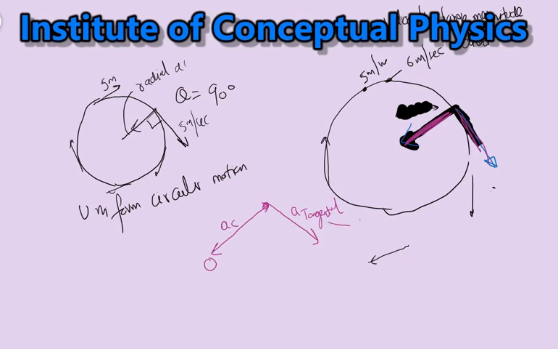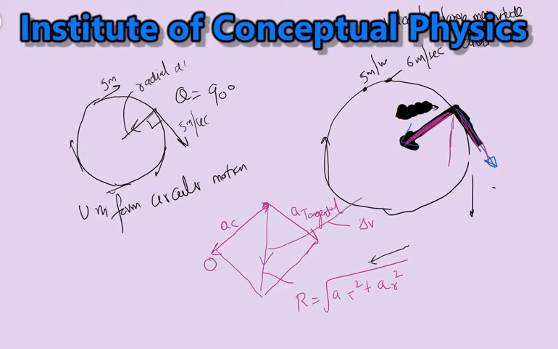So the actual magnitude of velocity changes here. So if we complete the parallelogram, what you get is this, and you can see the resultant acceleration comes out to be this. So your resultant is the square root of AT square plus A radial square, which means your net acceleration is somewhere here.